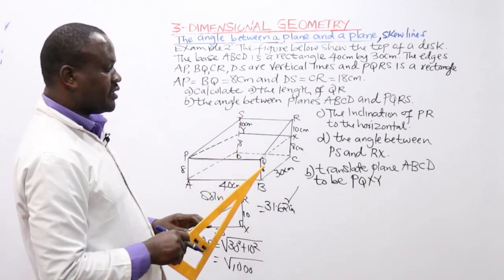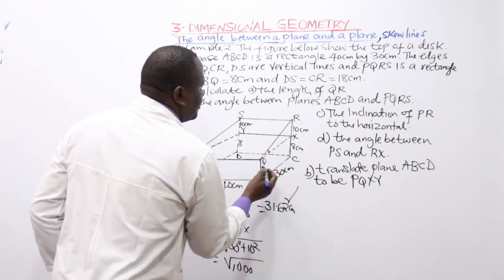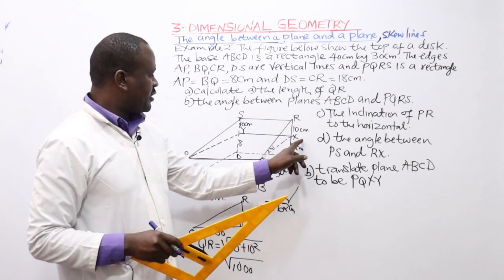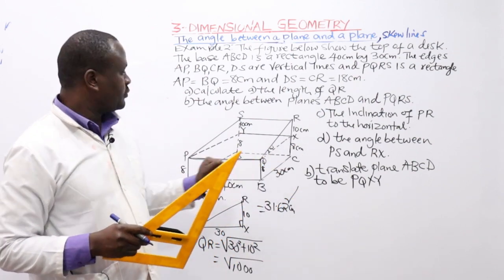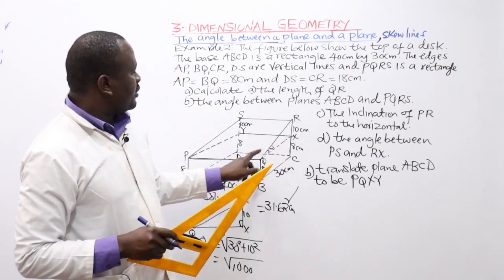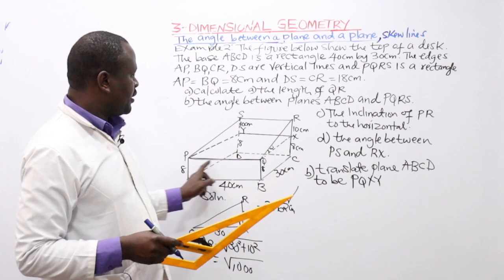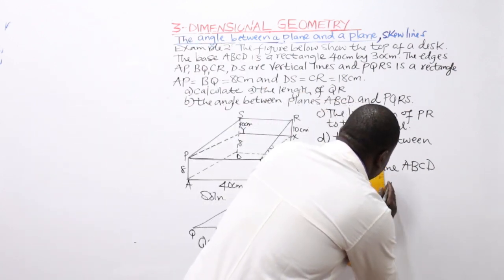So it appears that this is a straightforward question because the angle will be this one. Why? Because XQ is perpendicular to PQ. RQ is also perpendicular to PQ. Therefore, we shall have this angle here.